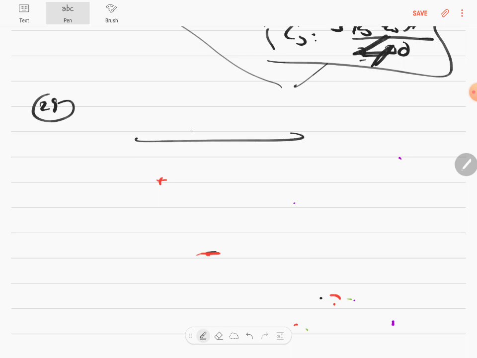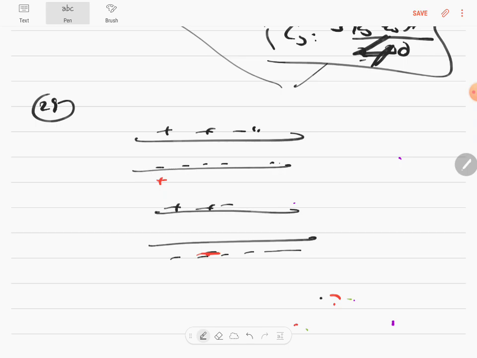This is going to be positive. This has got to be negative. And this is going to be negative. Then this has got to be positive.